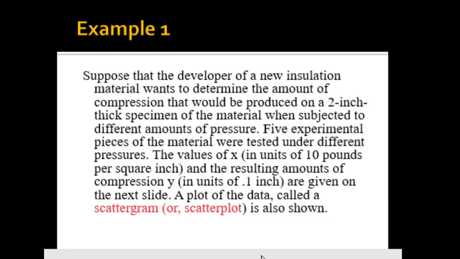So we have the data. So in this case, our independent variable is the amount of pressure, and the dependent variable is the compression. So we are trying to come up with a model where we can predict the compression for the given amount of pressure.